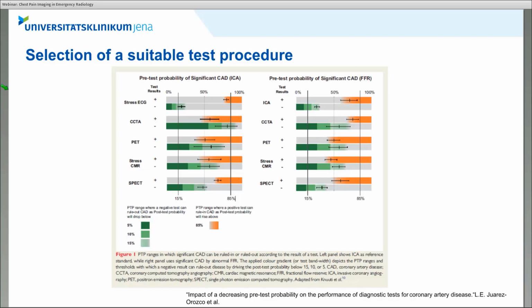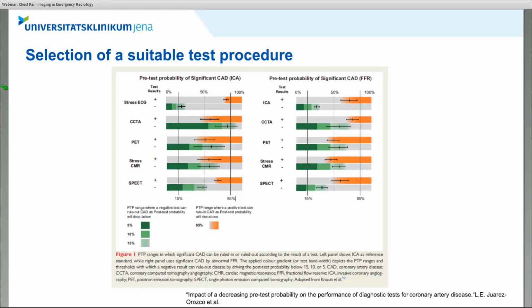So the overlap is quite good. You have some difficulties to rule in and out in terms of sensitivity and specificity at high probabilities, but these probabilities you do not see anymore in reality.